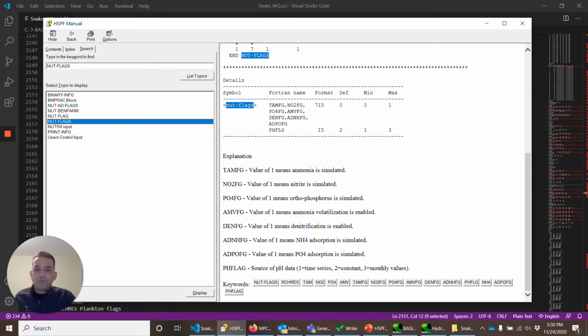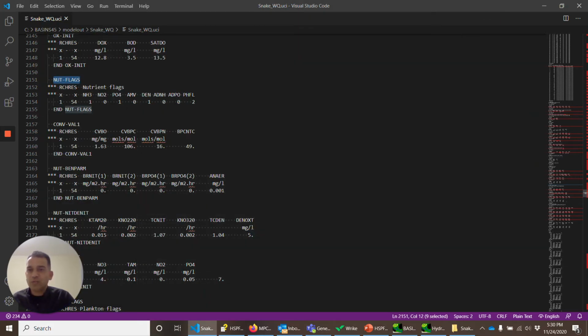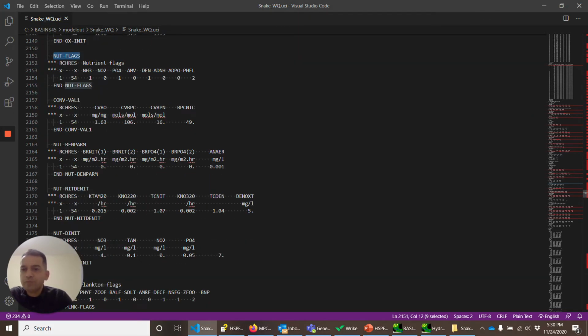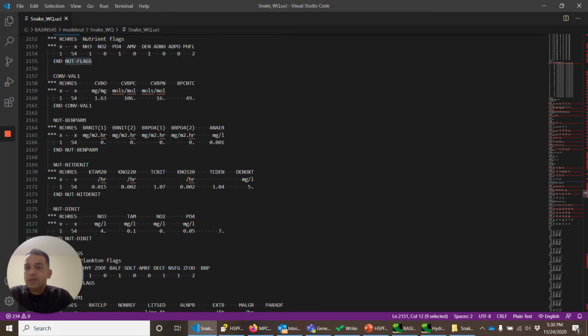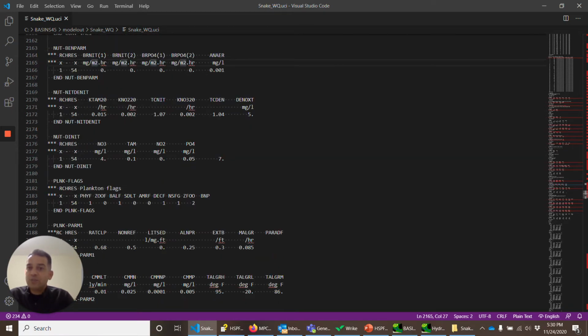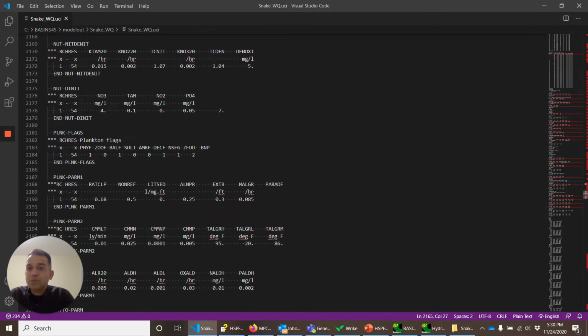For ammonia, the flags are whether volatilization, denitrification, and adsorption are simulated or not. So those are the parameters here. These are the conversions from biomass to oxygen and from biomass to phosphorus. These are the amounts of nutrients released from the bed, nitrogen and phosphorus, in aerobic and anaerobic conditions. Again, these are different coefficients and initial values.